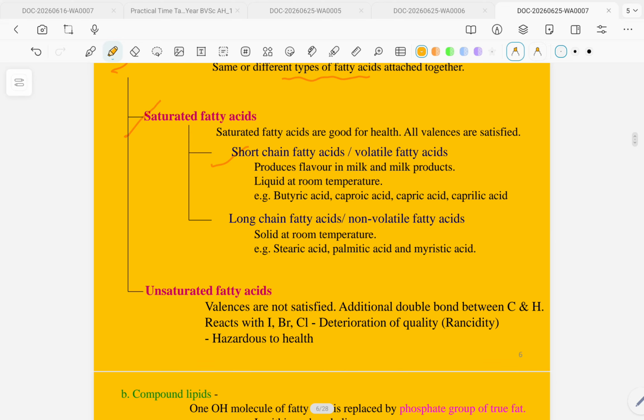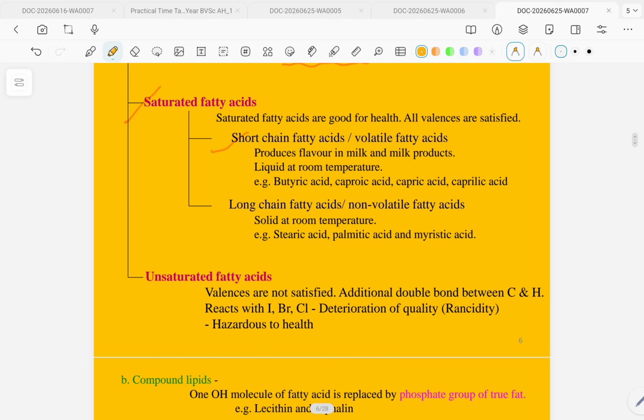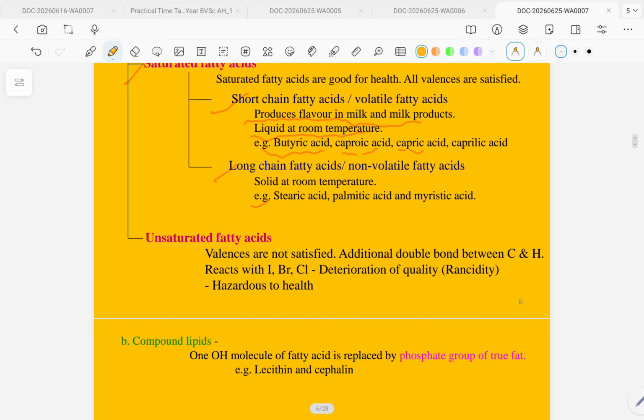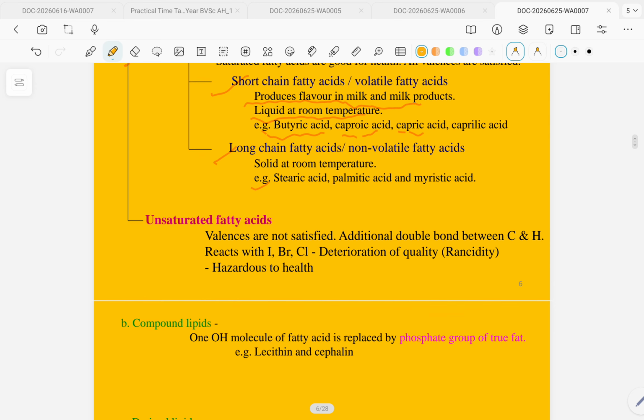Short chain or volatile fatty acids produce flavor in milk and milk products and are liquid at room temperature, for example butyric, capric, and caprylic acid. Long chain or non-volatile fatty acids are solid at room temperature, for example stearic, palmitic, and myristic acid.